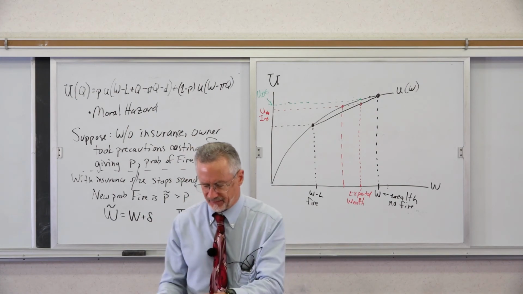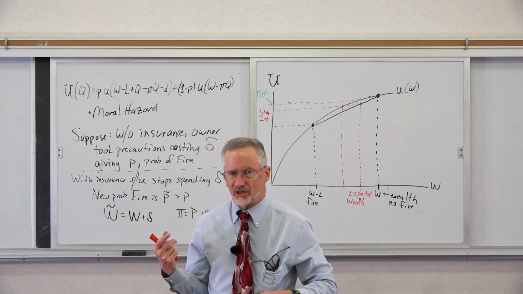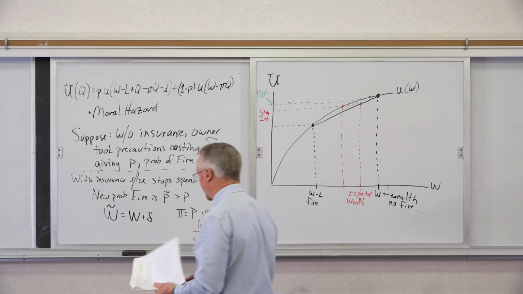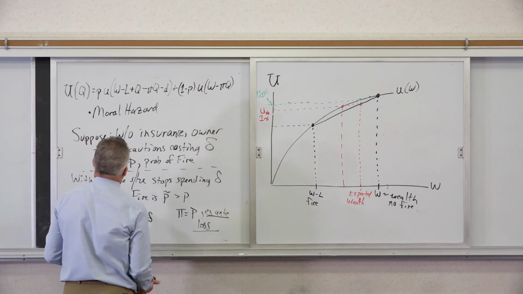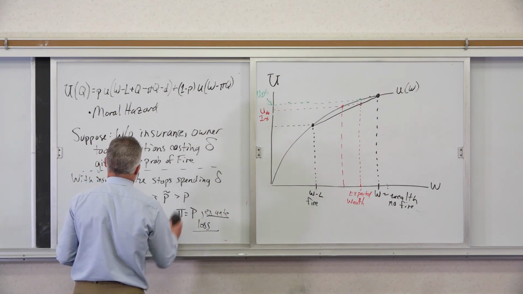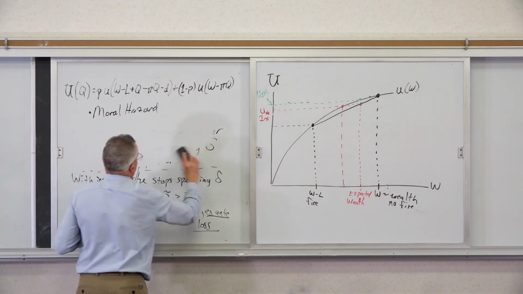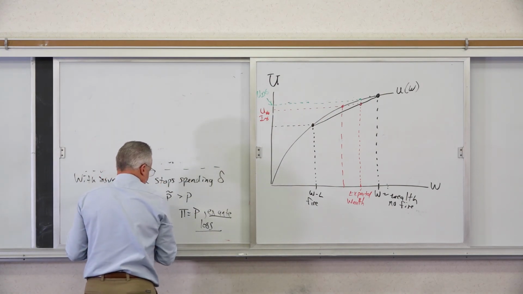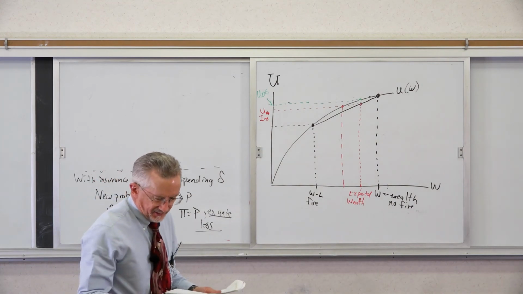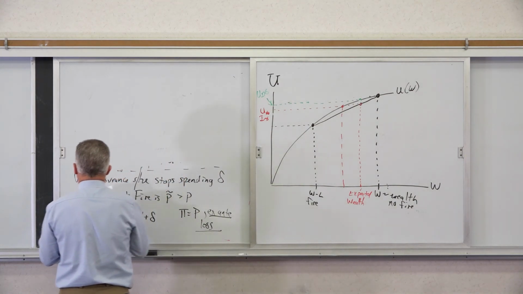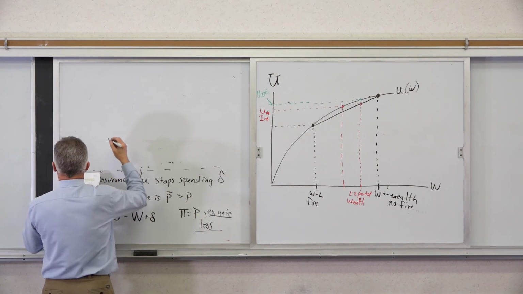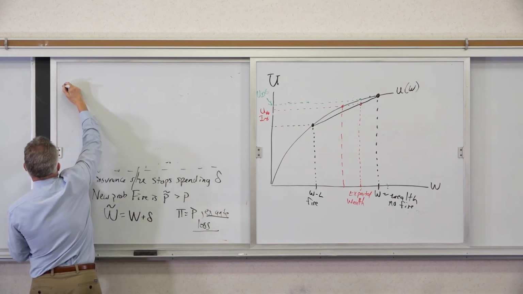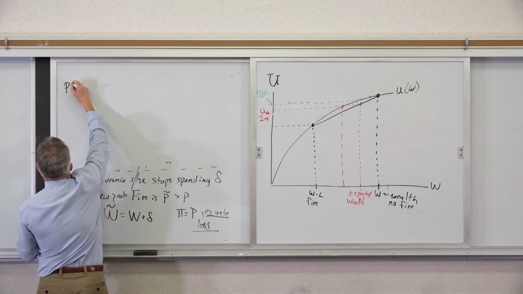What do you do? Well, the solution would be to charge a deductible, and that deductible would have to satisfy the following. This is the solution, and let's go ahead and clear this up. I was about to write it in red, but I fear that doesn't show up well enough, so we'll simply say the deductible will be this. We want to make certain that we've satisfied the following. The insurer wants to satisfy the following condition.